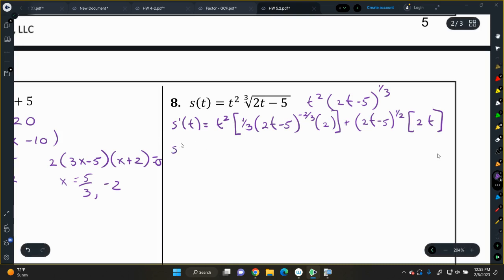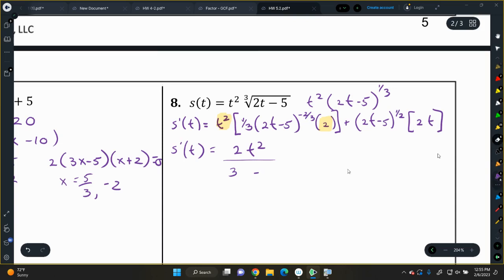Okay, so let me see, I have a 2 and a 1/3, so I've got 2t squared on top. Down the bottom, I have 3 and then (2t minus 5) to the 2/3. Okay, so I'm going to rewrite that as the cube root.